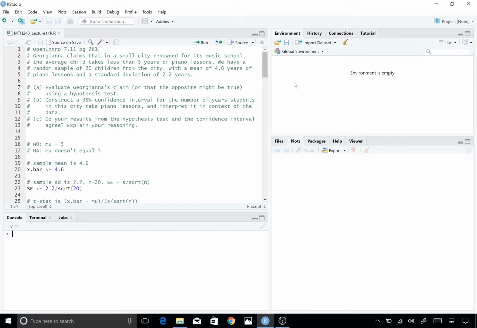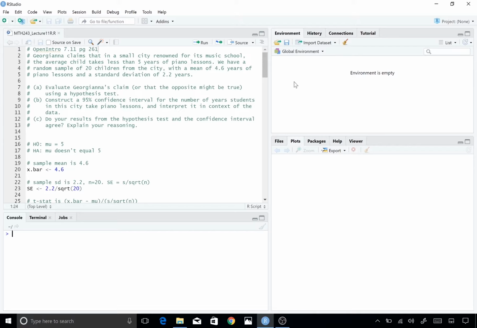We are 95% confident that the population mean number of years of piano lessons for children in this city is between 3.57 years and 5.63 years. That was part B of the problem.